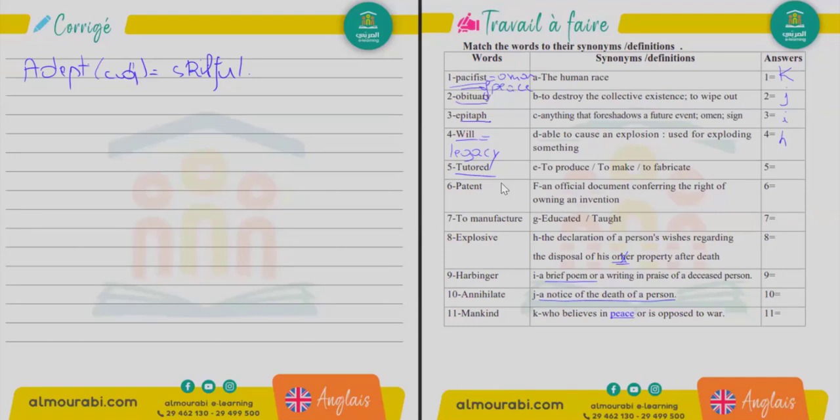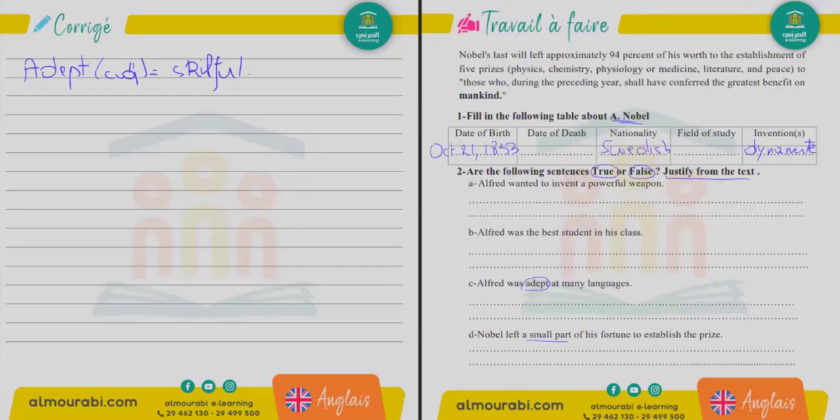Tutor is something else, a verb with -ed. So he was tutored, or he was taught, or he was simply educated at home until the age of 16.